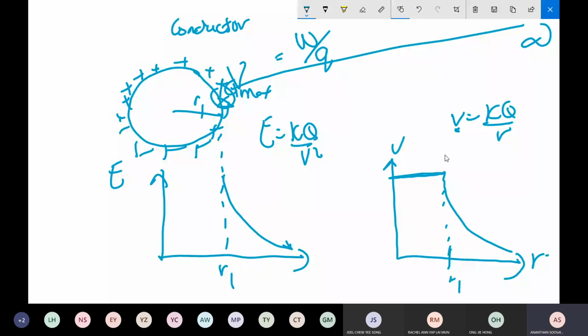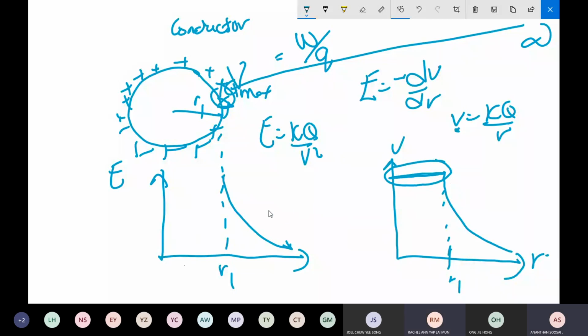Now tell me how the electric field strength graph looks like inside the sphere. Inside the sphere, E equals the negative of the potential gradient. Inside the sphere, V is constant. So the electric field strength inside the sphere will be like what?